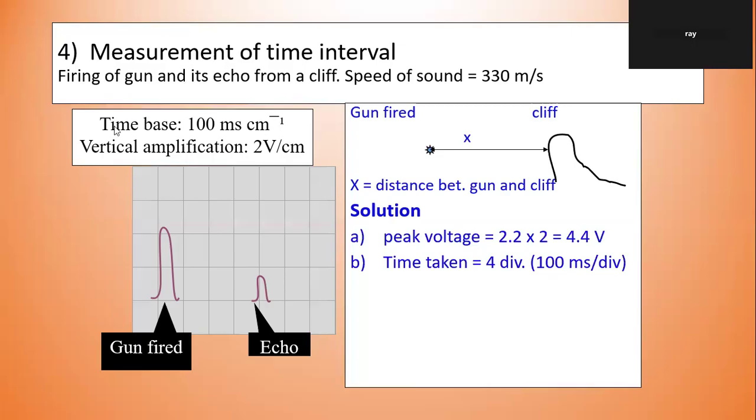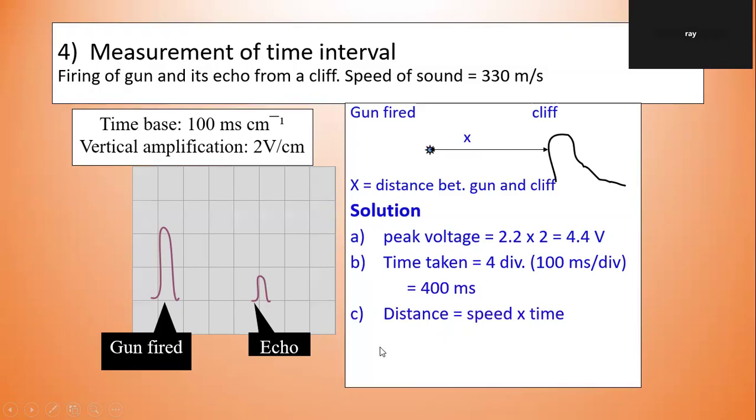If you are required to find the amplitude, then it's about 2.2 times gain is 2 volt per cm. And time taken is 4 divisions. Take one side, this one. 1, 2, 3, 4, approximately. Slightly less than 4. Times your time base, 100 millisecond per division. That's 400 millisecond.